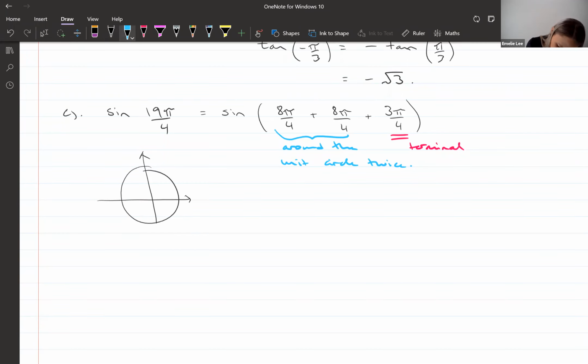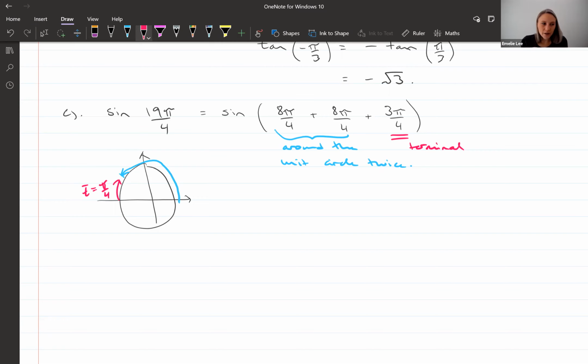So if I go 3 pi over 4, it means I've got, oh, I went a little bit far. Why do I say that? Well, because I know pi over 4 is halfway. Okay. So my t bar is pi over 4, right? 3 pi over 4 just needs a remaining pi over 4 to get to 4 pi over 4, which is pi.